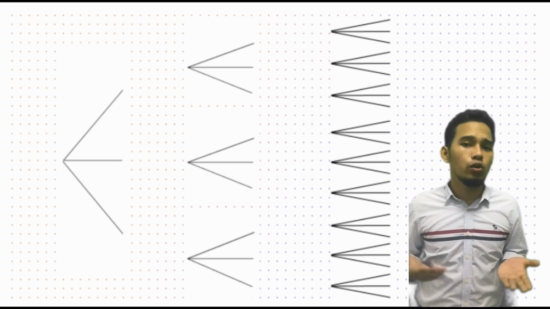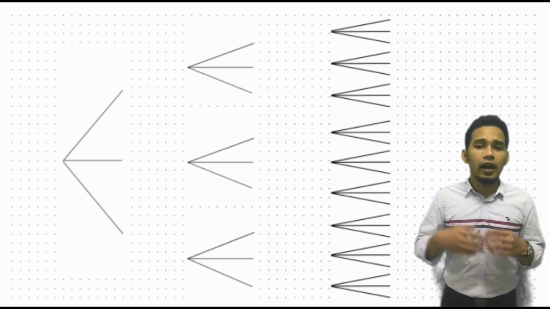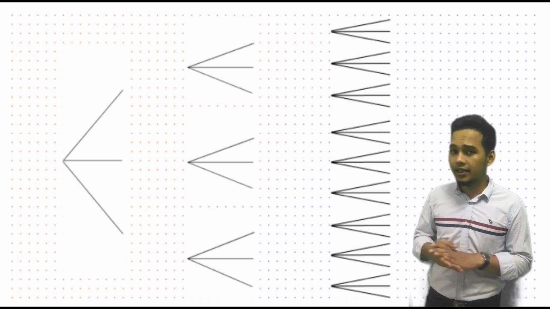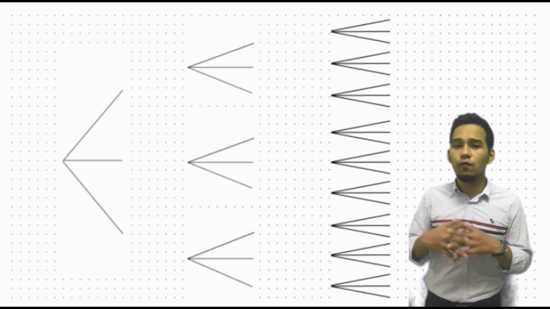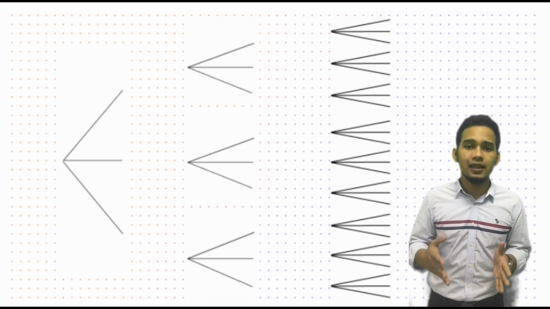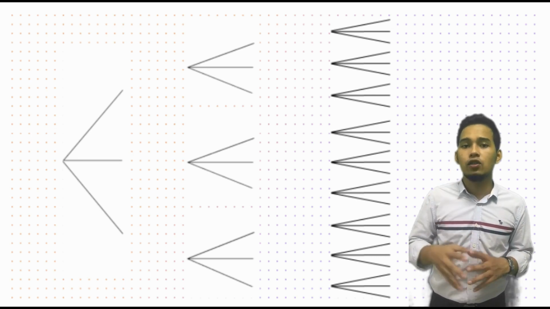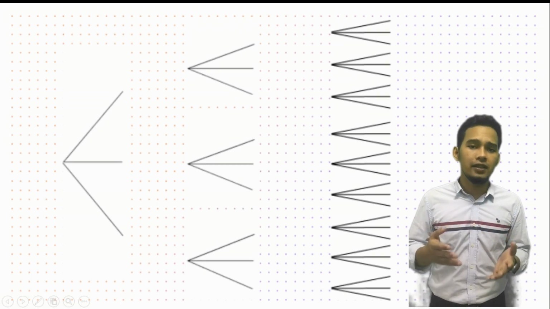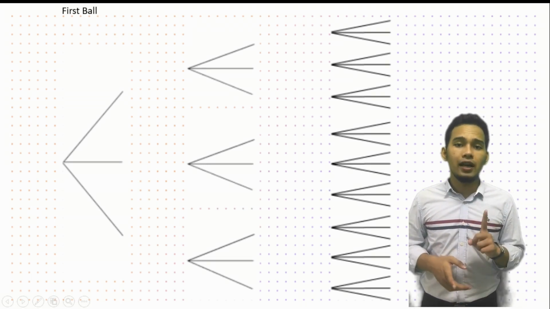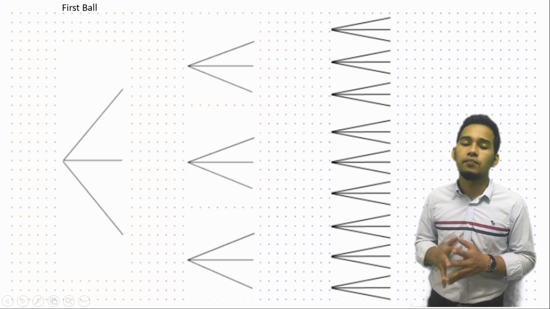Firstly, we need to draw a tree diagram. When the question asks you to take a random ball from each box, it means you will take 3 balls in total. At the first box or level, you pick the first ball, and the same goes for the other levels.